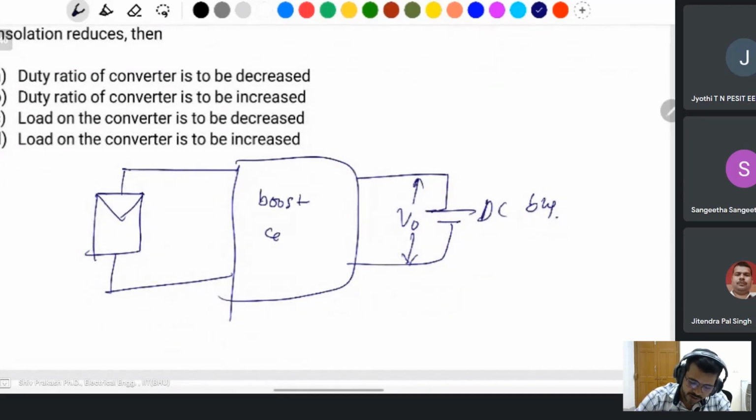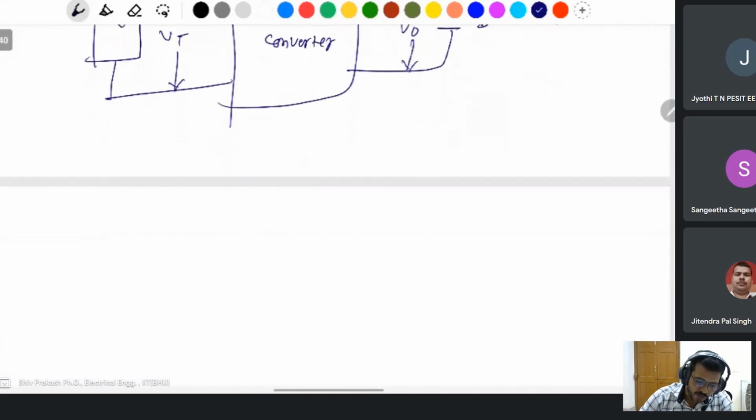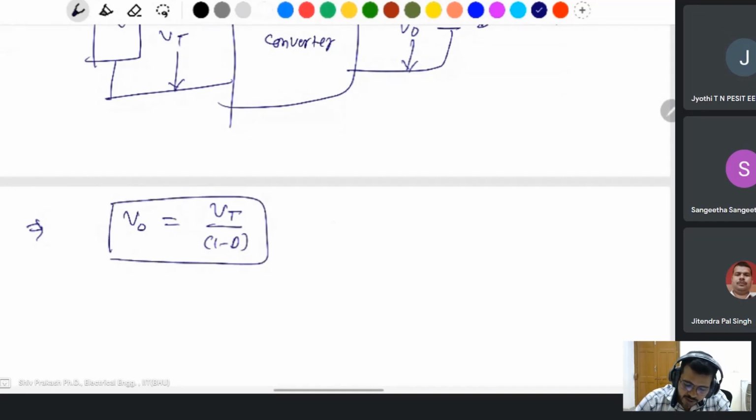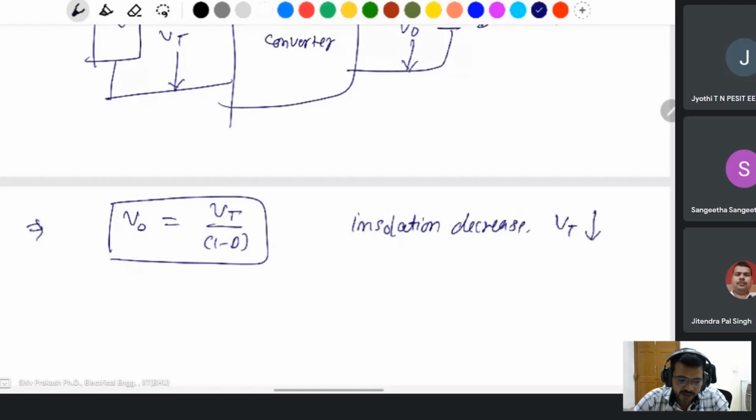This is the boost converter, with VT and IT. You know the boost converter output voltage: the output voltage is Vt, the input voltage, divided by 1 minus D. If insolation is decreased, then Vt, the terminal voltage of the solar panel, also decreases.